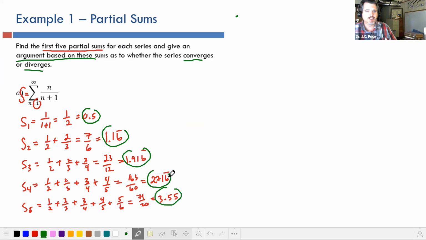It looks like they keep getting larger. If I had to give you a guess, it looks like this is going to go to infinity to me. So as a guess, I would say S diverges. And you might say by inspection.